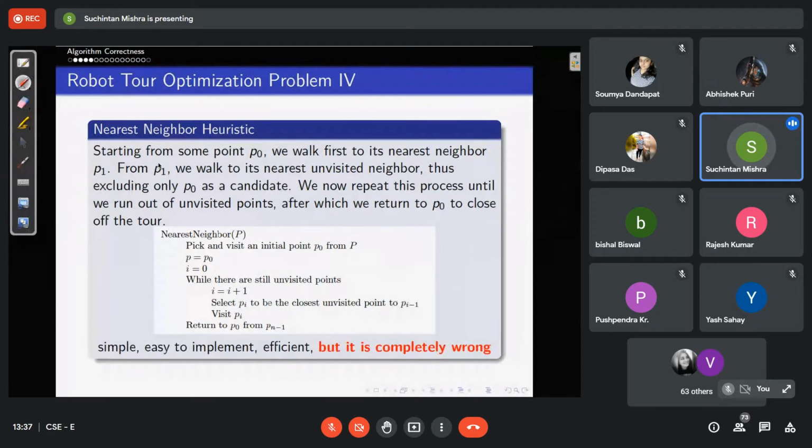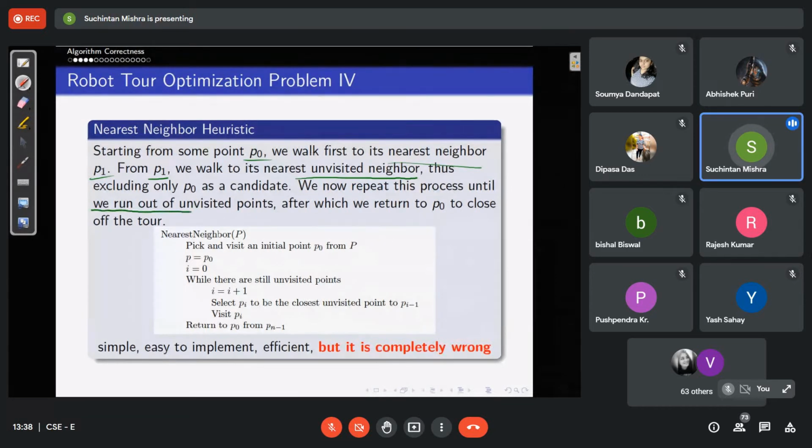Yes, that is what it is saying. Start from some point P0, we walk to its nearest neighbor called P1. From P1, walk to its nearest unvisited neighbor, which is called P2. Until we reach all the unvisited vertices, we would have created a cycle without the last point.